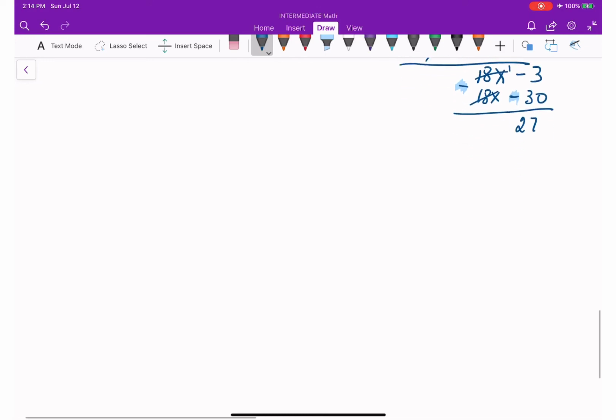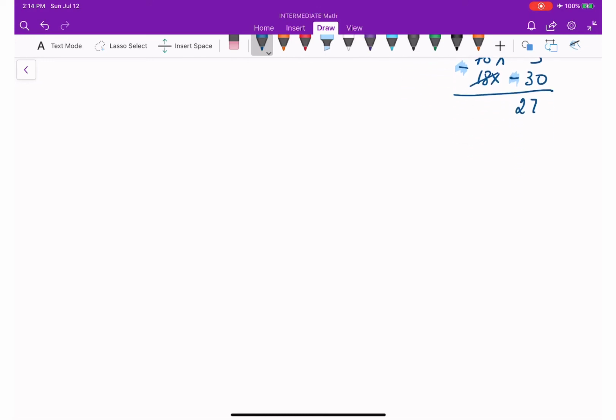So y to 4 minus 7y squared minus 5, and we are going to divide by y minus 2.